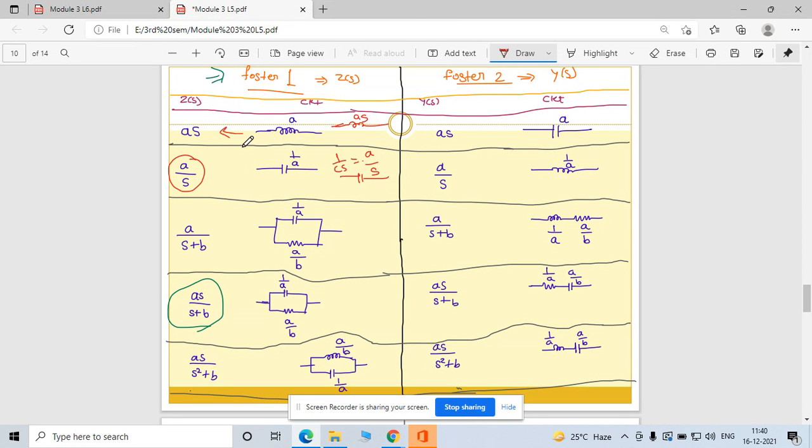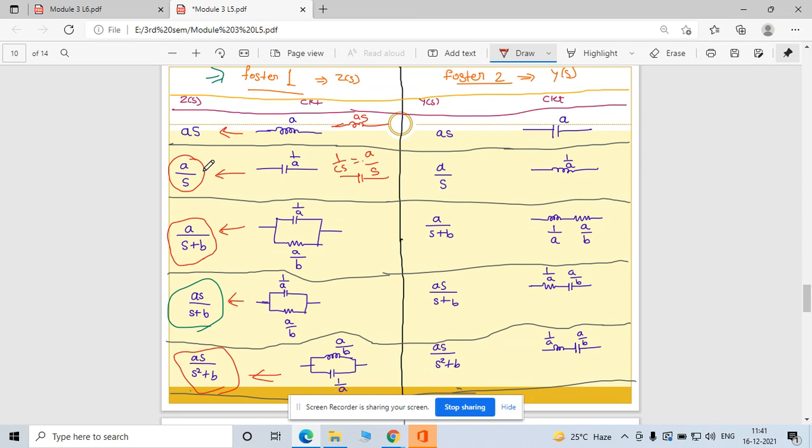Generally this is given to you in the synthesis part. You have to identify the circuit, right? So there are different Z of s given for this Foster one. Foster one is always represented for impedance, right? And Foster two represents admittance of your circuit. The equation is given in this format, and you have to draw the respective circuit.